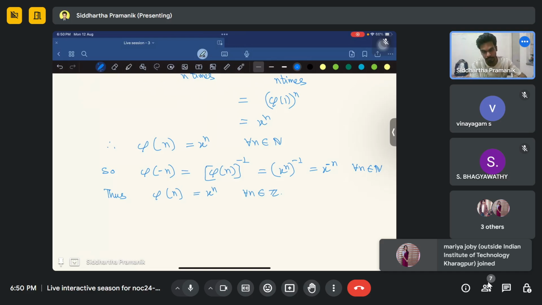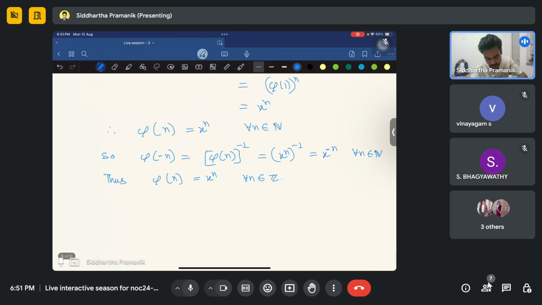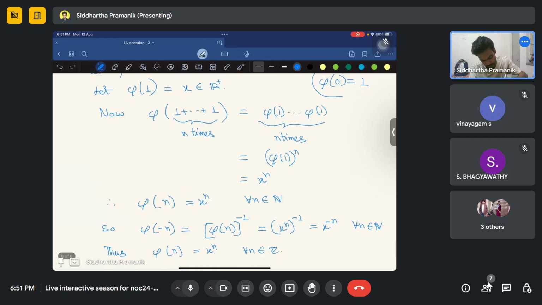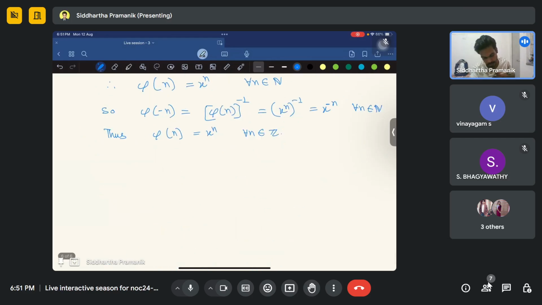Now we need to check for all rational numbers, right? So let's try to check for reciprocals of integers. Now phi of, let's add 1 by n, n times.